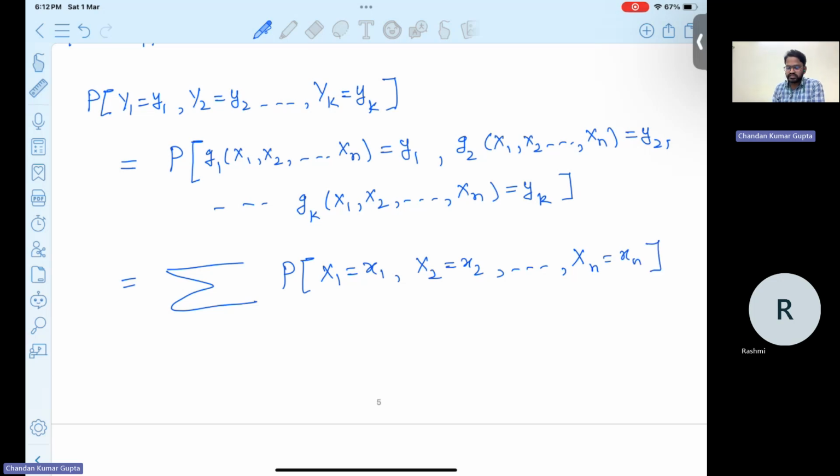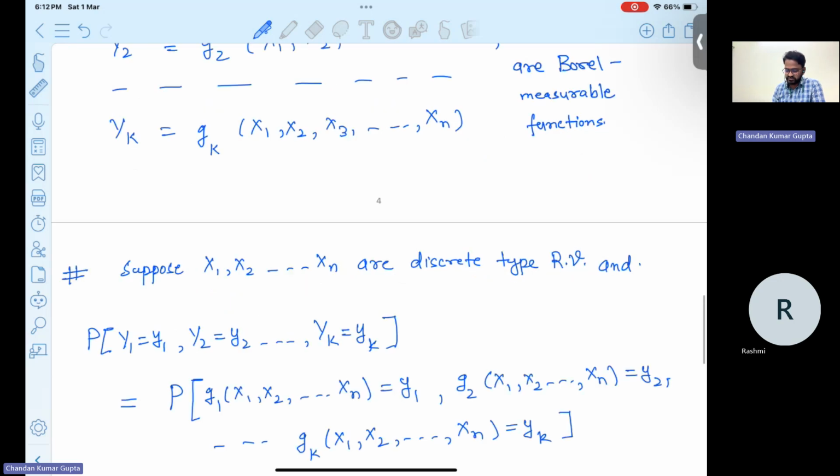Under the condition, what are those conditions? The first one is that x1, x2, xn, the n-tuples, belong to Rn. These are n-dimensional random variables. So Rn, and also this condition must be satisfied.